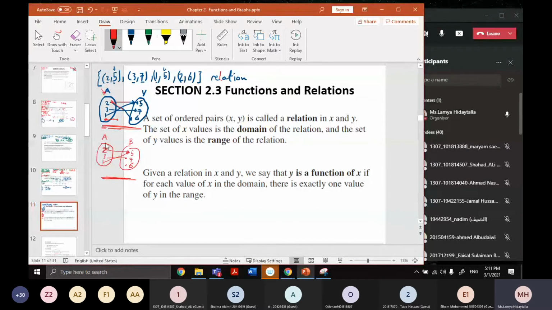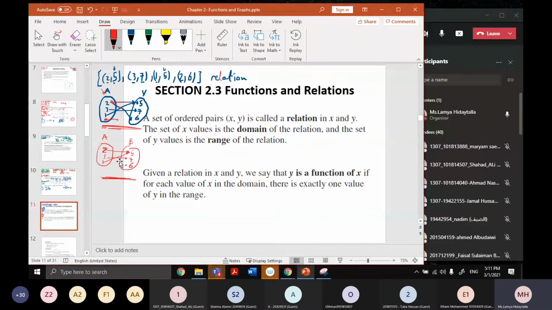I cannot find an element here like this that has 2 arrows. Only 1 arrow. If this happens, we call it a function. So this is a relation, but moreover, I can call it a function. So let's define what a function is.